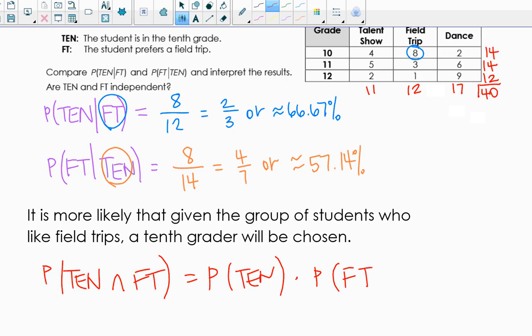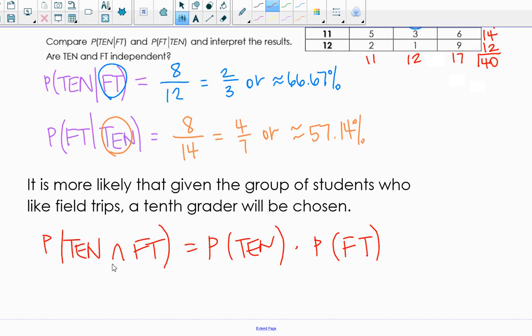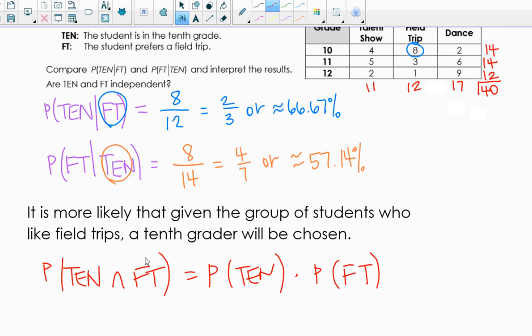Sorry, you guys, I don't know why my computer looks like this, but hopefully that is good enough that you can read it. Okay, so how many students are in 10th grade and like a field trip? Well, we already can kind of tell that that's 8 out of the 40. Remember, we're looking at the whole population. The probability that a student's in 10th grade is 14 out of 40. And the probability that they like a field trip is 12 out of 40.